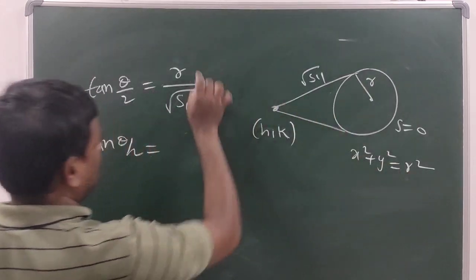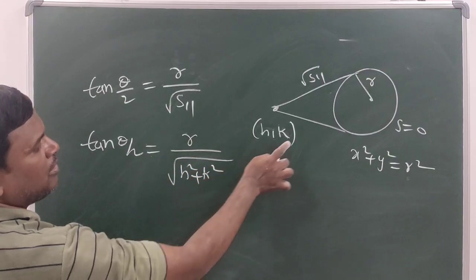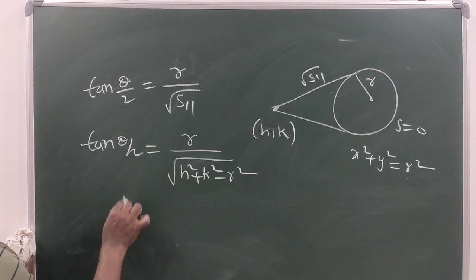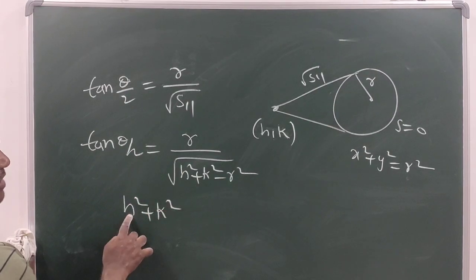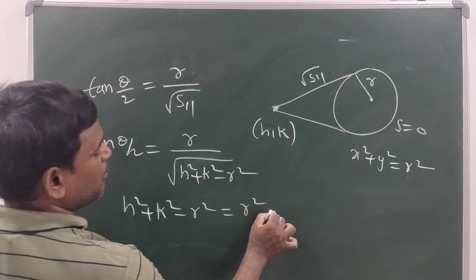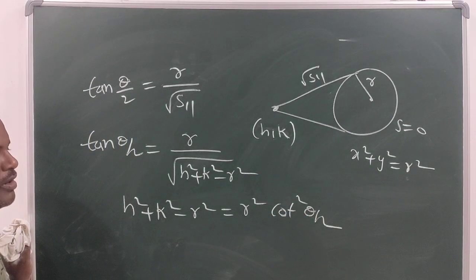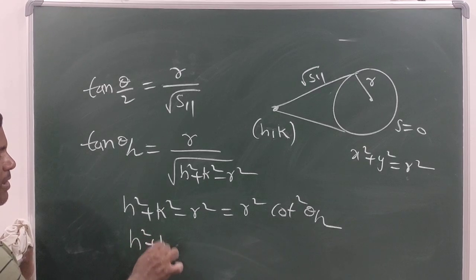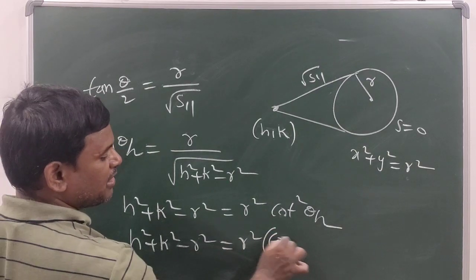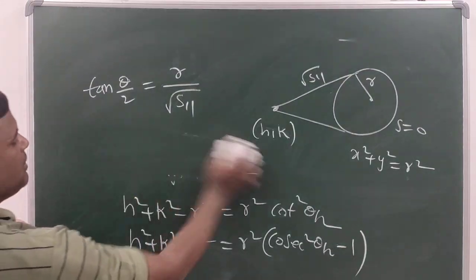The radius of this circle is r only, by root s11, which is root of h square plus k square minus r square. Now squaring on both sides and simplify. h square plus k square minus r square, send it to the right side: r square into cot square theta by 2 you will get. Now r square into cot square theta by 2 can be written as cosec square theta by 2 minus 1.